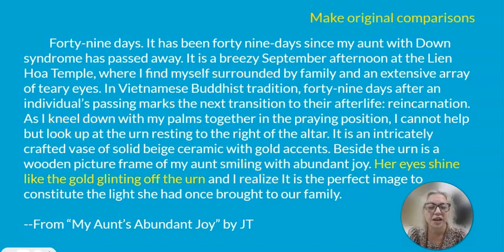Original comparisons, she's got one. Her eyes shine like the gold glinting off the urn. This is an interesting comparison because the urn, of course, is in a sense a symbol of death, right? It houses the ashes of the deceased.